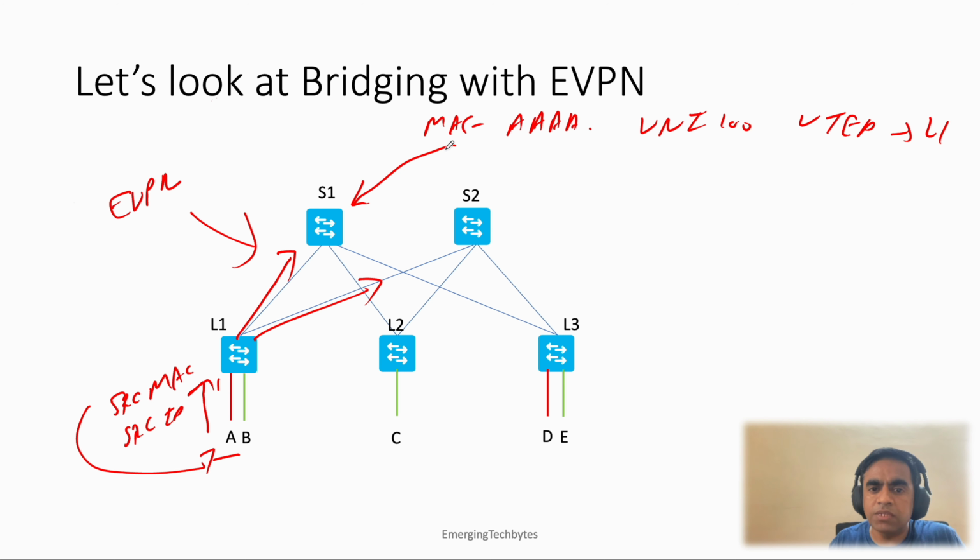So with the destination MAC address A, when the packet comes to L3, by now L3 already knows that the MAC address AAAA is connected behind VTEP L1 with VNI 100. So it will simply send that packet here.